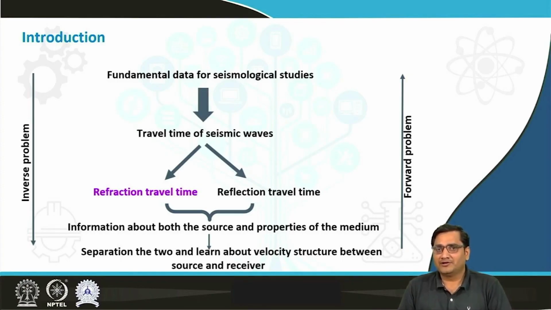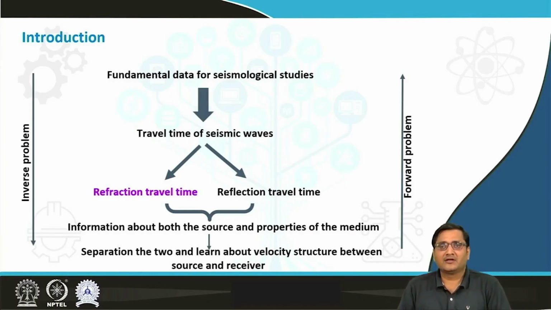In seismology, we generally record the arrival times of different phases of the seismic waves. For recording, we use several kinds of instruments such as broadband seismometers, short period seismometers, long period seismometers, and many other instruments available for recording the seismic waves generated by a source.